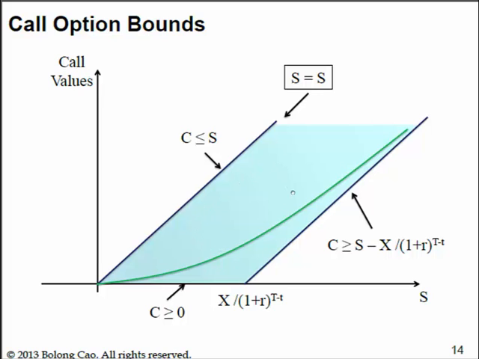The option value will be below the underlying stock price and above either zero or this positive difference between underlying stock price and the present value of the strike price.